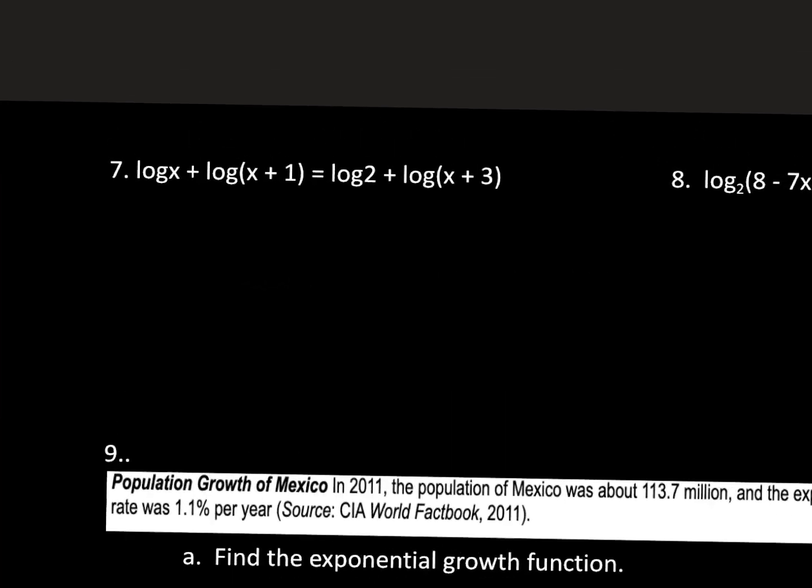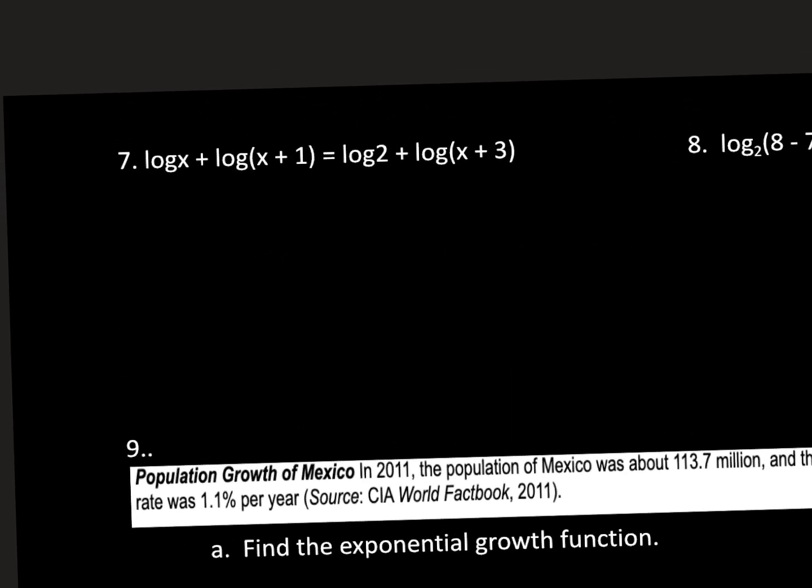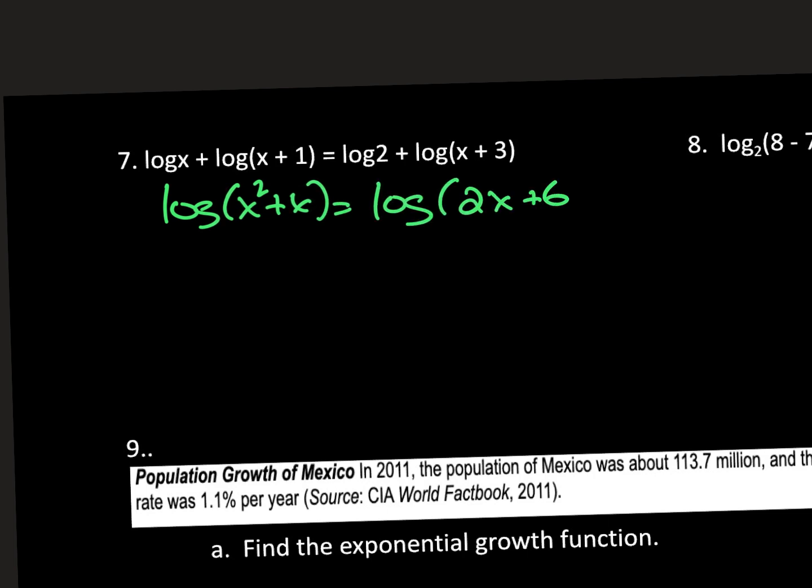And number 7 and 8. 7 and 8, still log equations here. Lots of log equations. Okay, this side, both sides have addition. Remember, when you see addition, that means you multiply. So we're going to say x times x plus 1, which is x squared plus x. Over here, multiply 2 times x plus 3, and you get 2x plus 6. Again, we got one log on each side. You can drop those out, and you get here.